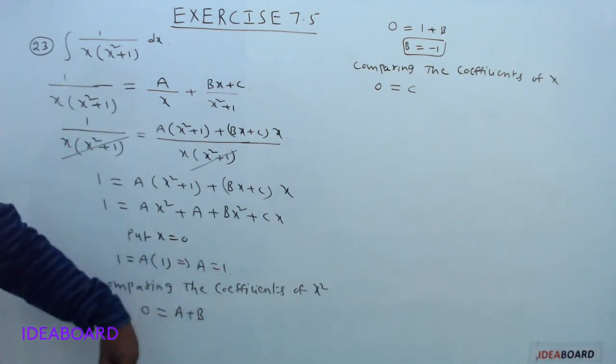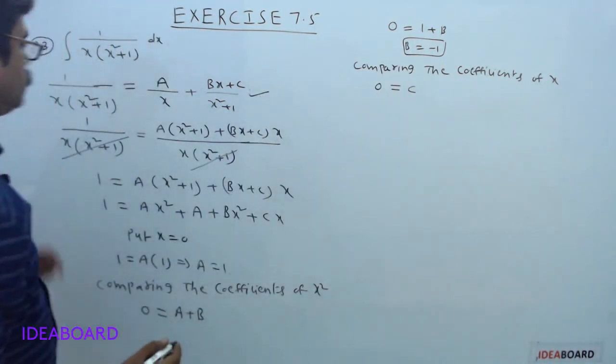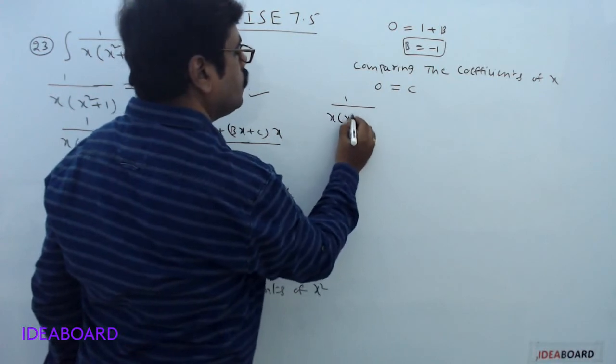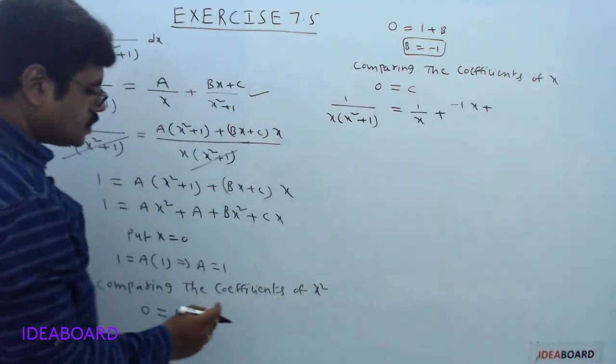Substitute the values of a, b and c in this equation. It is 1 divided by x into x square plus 1 equal to a divided by x, that is 1 divided by x plus (bx plus c): b value minus 1 into x plus c.